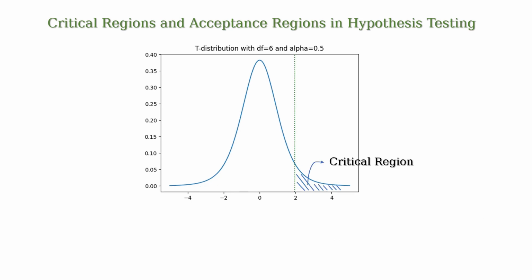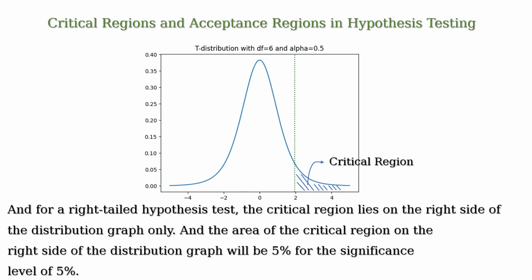And for a right-tailed hypothesis test, the critical region lies on the right side of the distribution graph, and if the significance level is 5%, then the area of the critical region on the right side will be 5%.